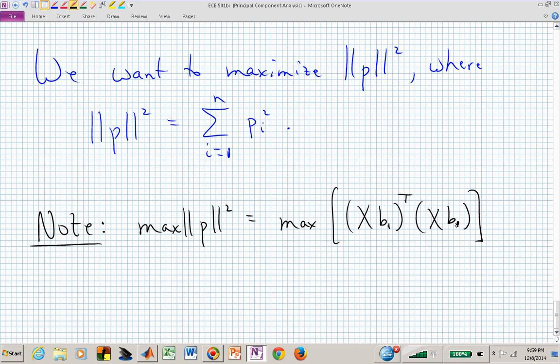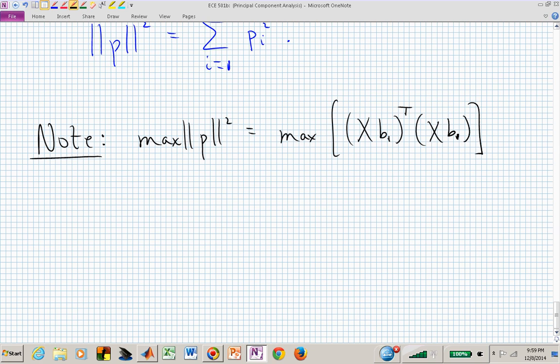We now want to maximize that particular expression. We know X, we don't know b1. We're trying to find the best b1. If we rewrite that by taking the transpose, we now have b1 transpose, capital X transpose, capital X b1.